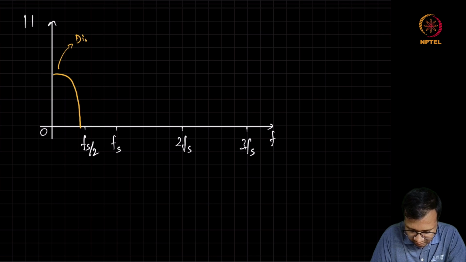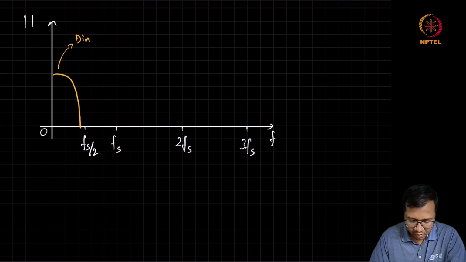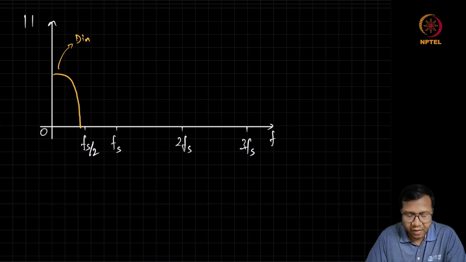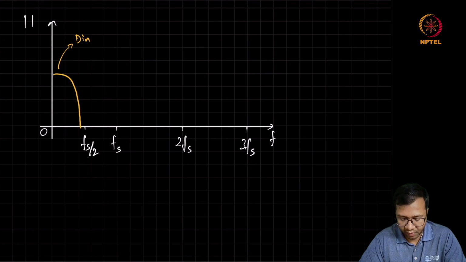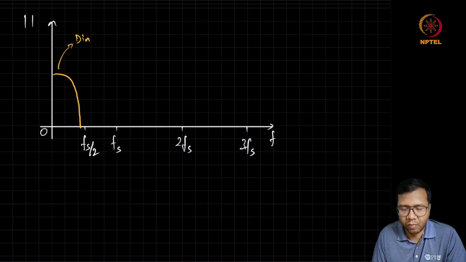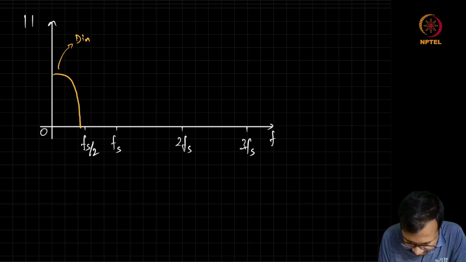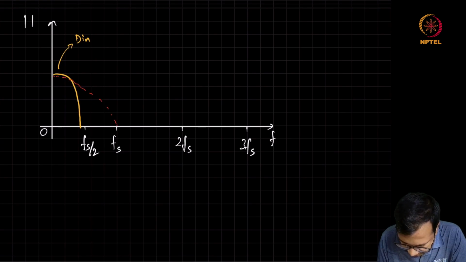So this is D in. Once the digital data has been passed through the current steering DAC, where the current steering DAC has a zero order hold kind of output, the output of the current steering DAC is going to see sinc kind of filtering.